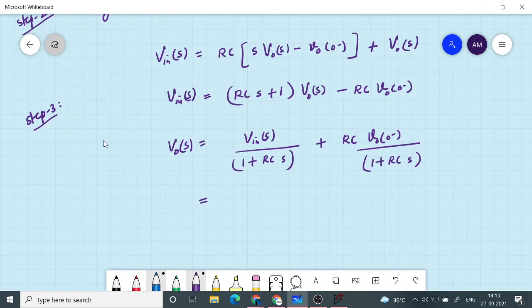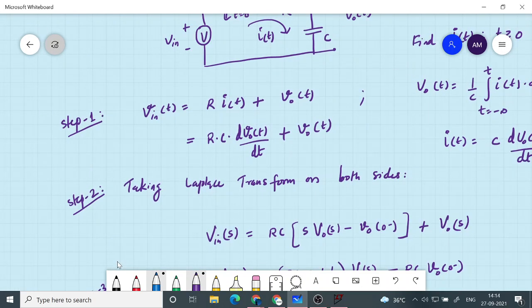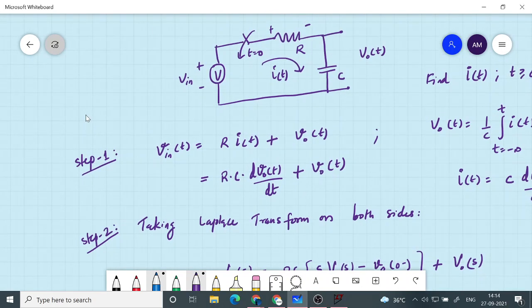So it is like some u of t, or some constant into u of t. So what I will do is I will assume V in of t, I can write it as some V0, not V0, V0 I am using already. So let me use some other, or some A into u of t.